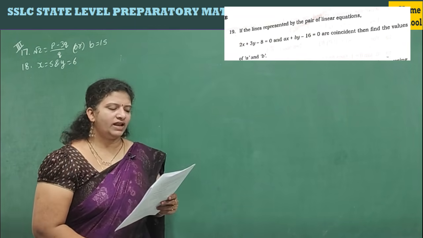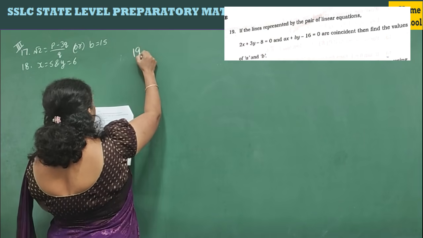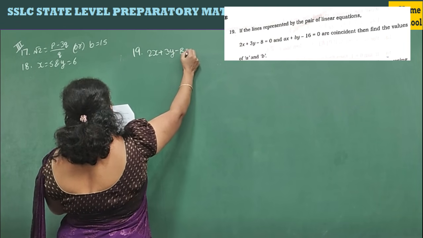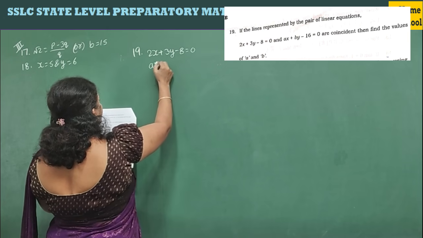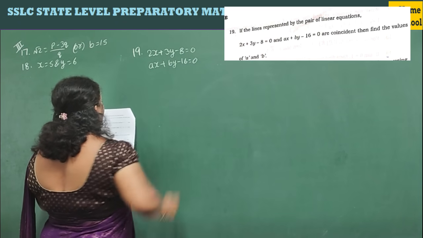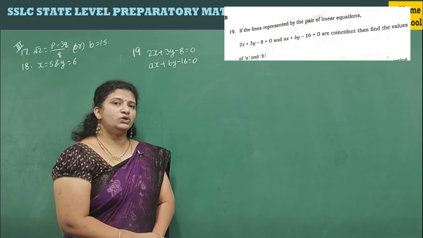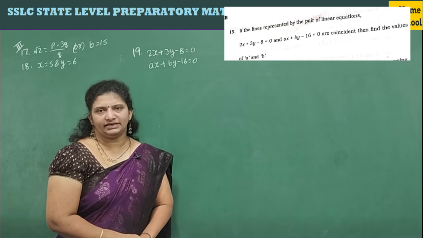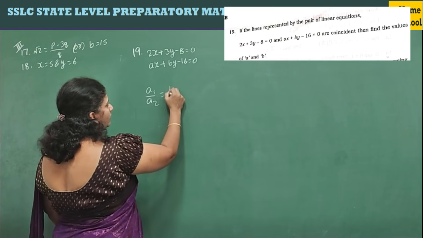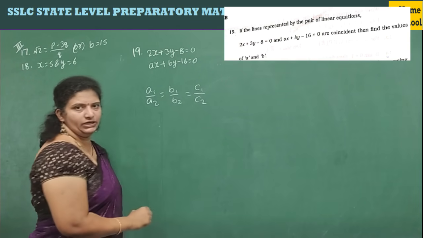19th question. If the lines represented by the pair of linear equations 2x plus 3y minus 8 equal to 0 and ax plus by minus 16 equal to 0 are coincident, then find the values of a and b. If the two equations are coincident, what is the ratio you remember? a1 by a2 is equal to b1 by b2 is equal to c1 by c2.